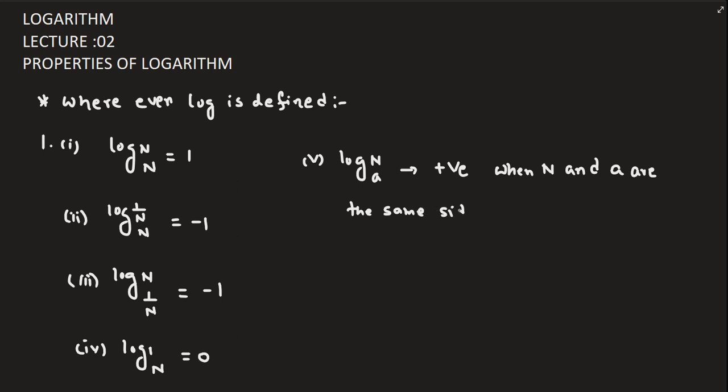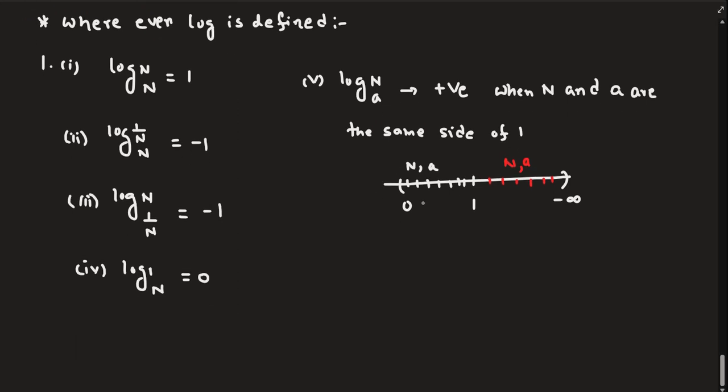Suppose 1 is here, from here 0 and here up to infinity. So when n and a both lie in this interval, or both lie in the other interval, the log will be positive. Either both n and a lie on the left side of 1 or on the right side of 1.